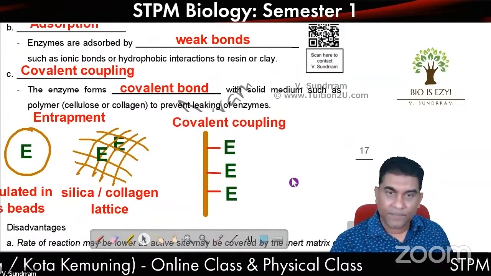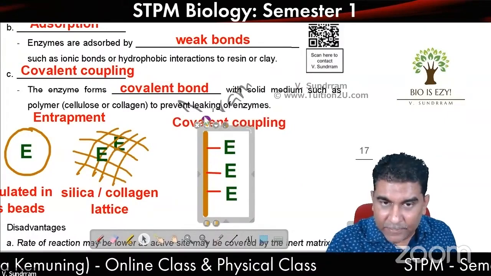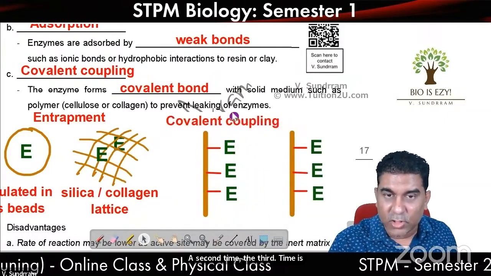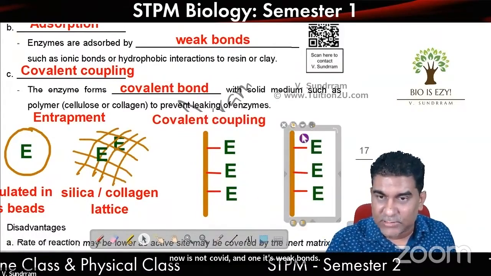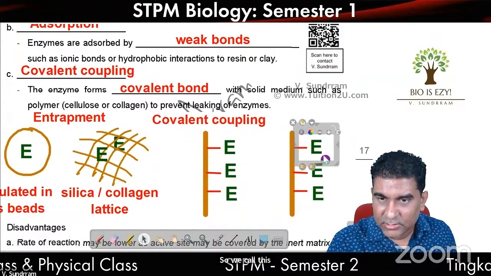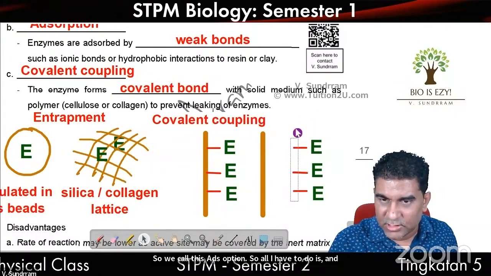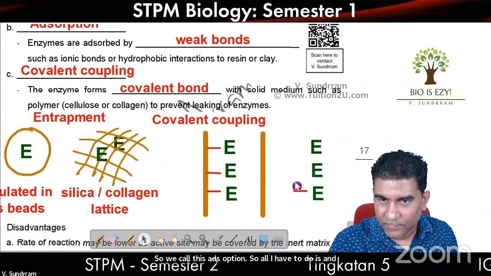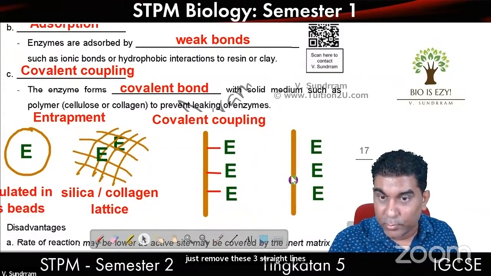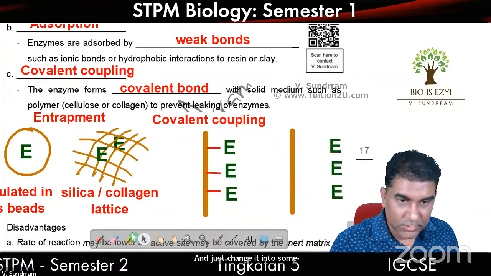The third type is the same, but just that now it's not a covalent bond, it's weak bonds. So we call this adsorption. So all I have to do is remove these three straight lines and just change them into some broken line.